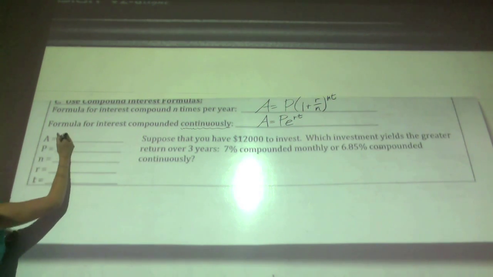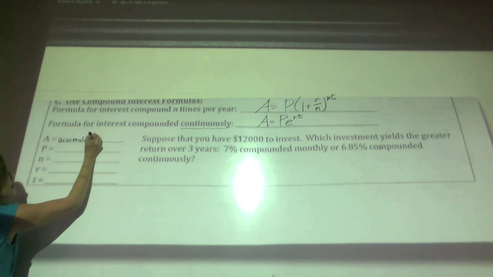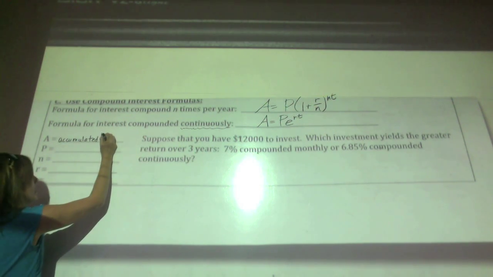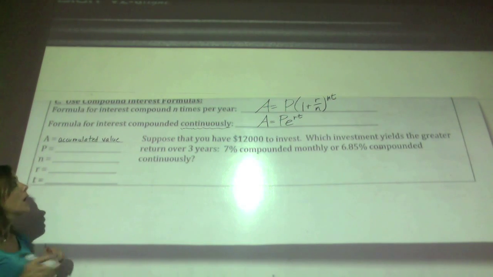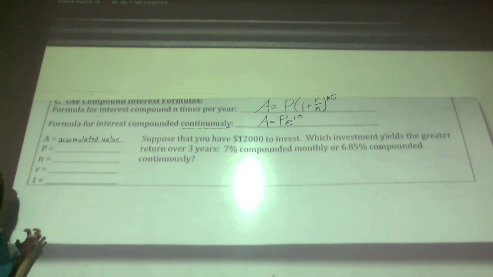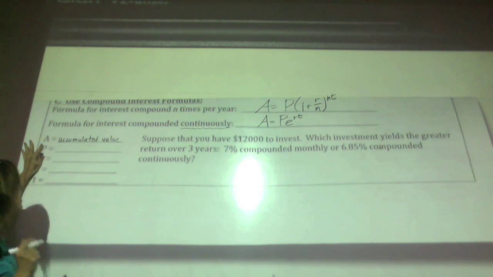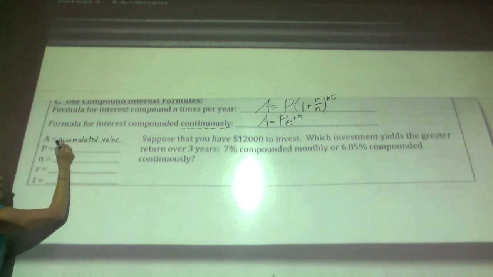Capital A stands for accumulated value. How much accumulates in our bank account after a certain amount of time? Hopefully we see that if we leave it alone and don't spend it, our money is growing and gaining value. P stands for principal.